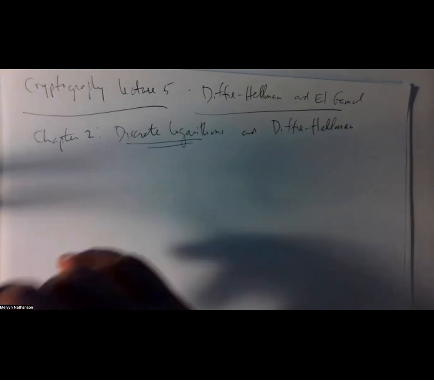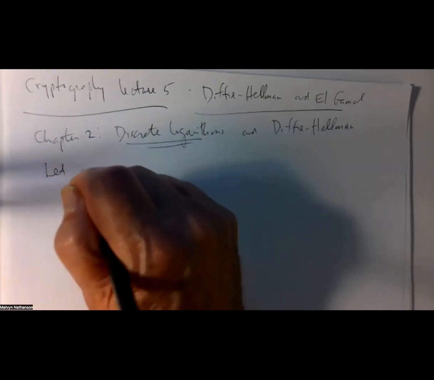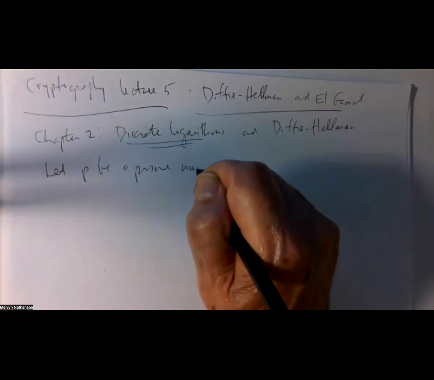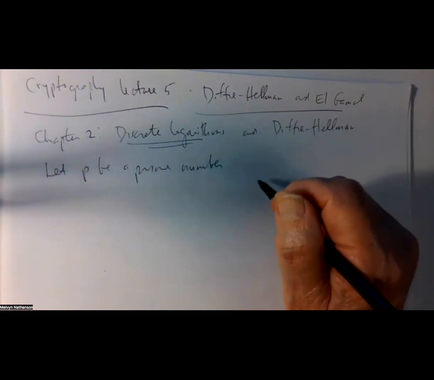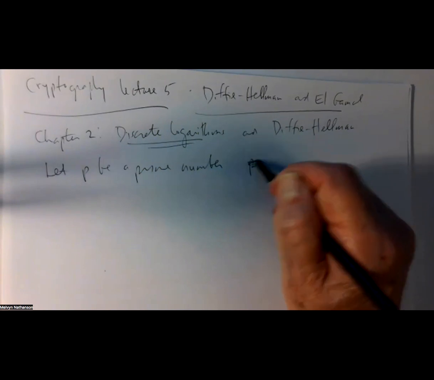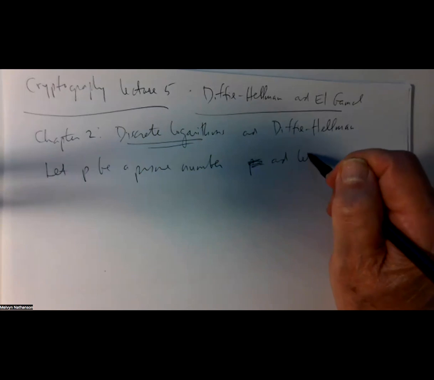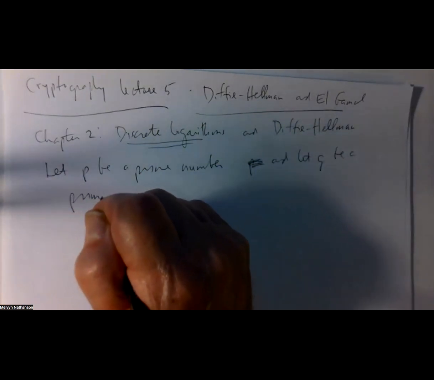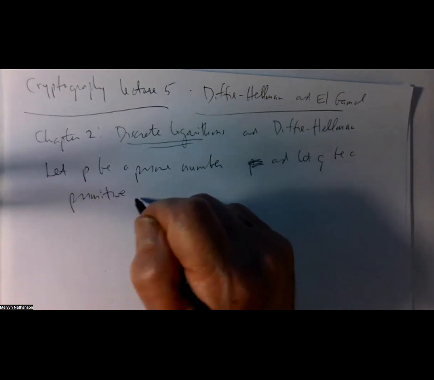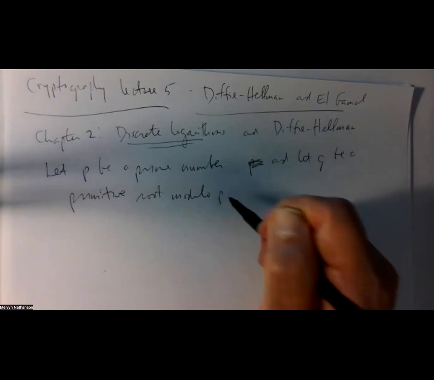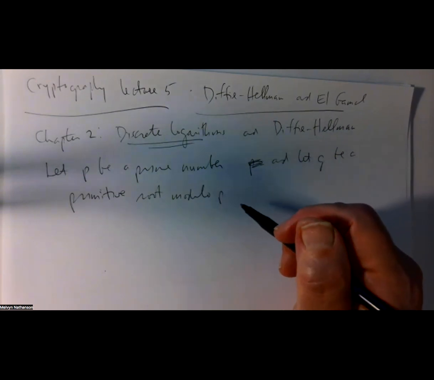logarithm problem. So suppose that P be a prime number and let G be a primitive root modulo P. So what does that mean?